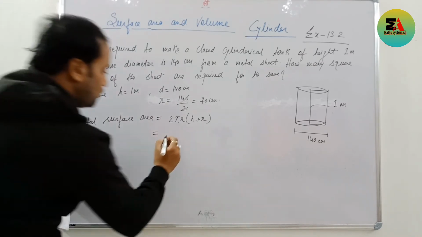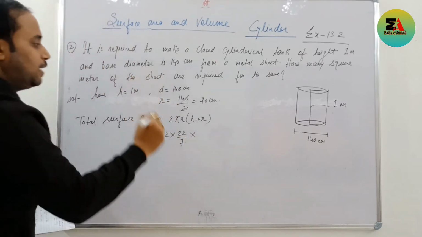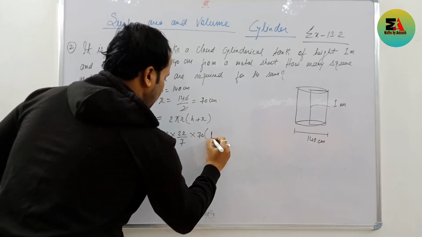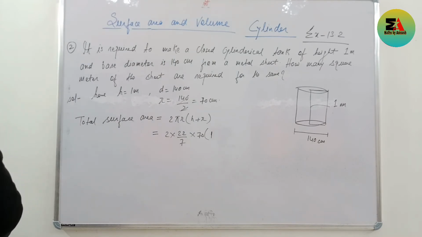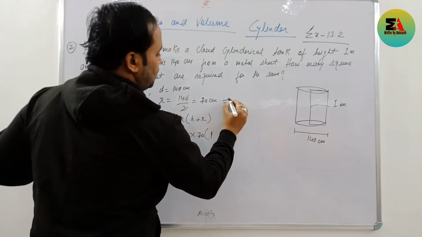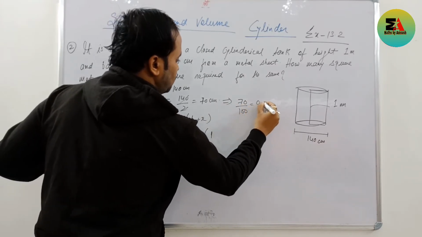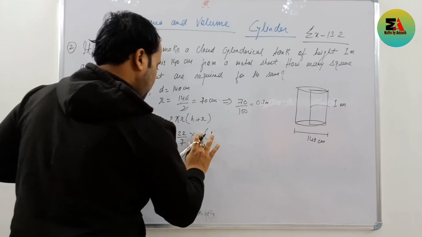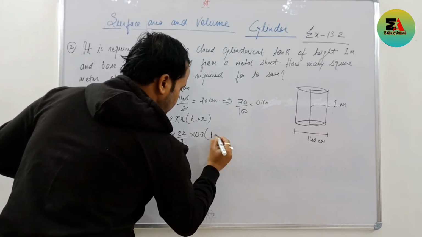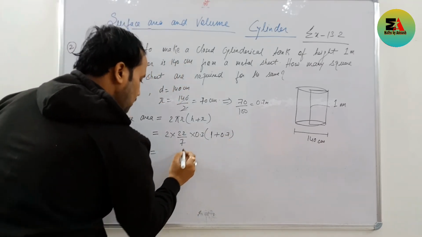Substitute all the values: 2 into 22 by 7. Our radius is 70 centimeter and height is 1 meter. The centimeter changes into meter: 70 by 100 becomes 0.7 meter. In place of r we write 0.7, so 1 plus 0.7.